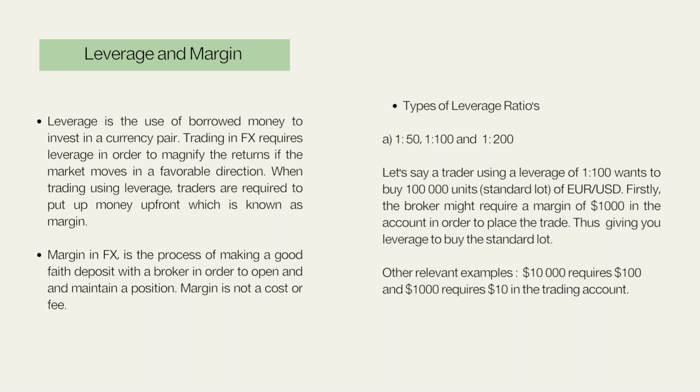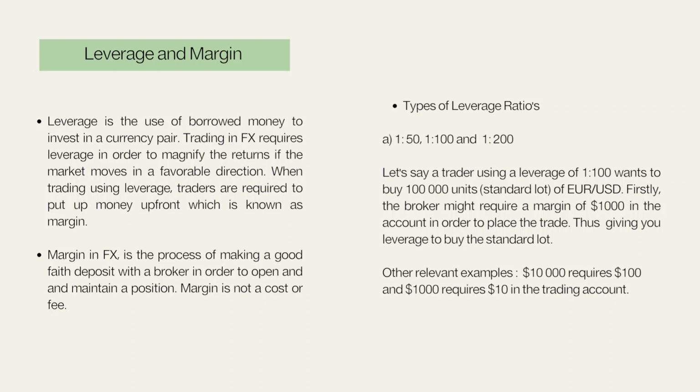As a trader, you want to buy a lot size of 0.01. The broker may require you to put up front 68 cents in order to place the trade. That is what we're talking about, the margin. Furthermore, margin varies depending on the broker that you're using. So that's another thing to take note of.